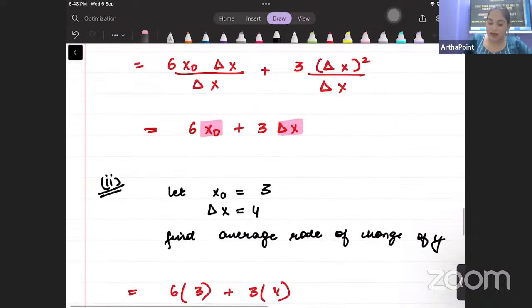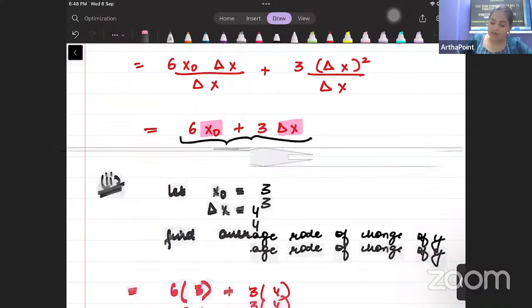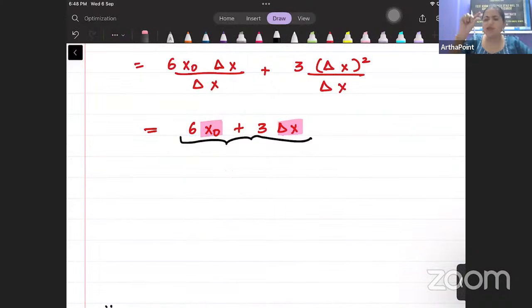I got 6x naught plus 3 change in x. Now I am saying that my x is changing by very small amount. So I will go ahead and I will put limit change in x tends to 0. कुछ नहीं करना है इस पूरी केस में. You just have to put this equal to 0.